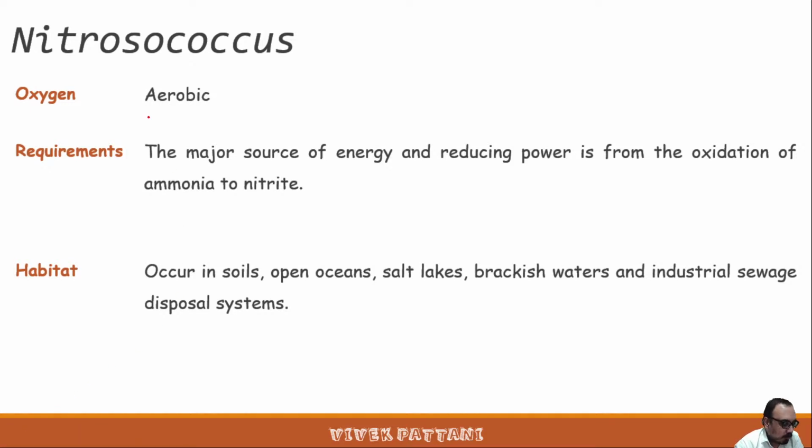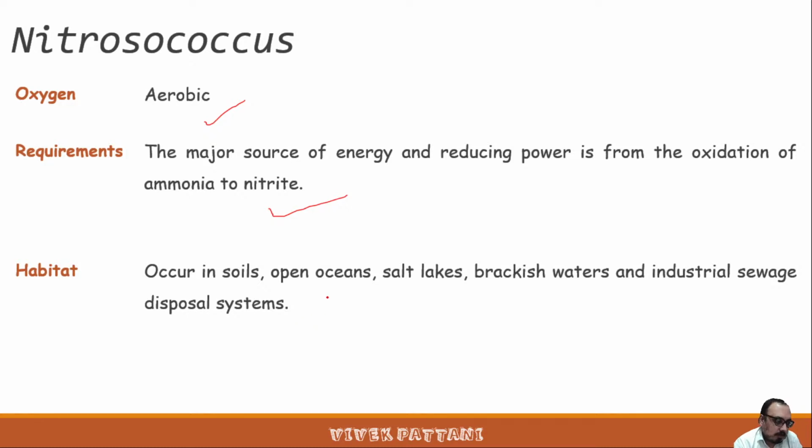Now, oxygen requirement: they are aerobic, and the major source of energy and reducing power is from the oxidation of ammonia to nitrite. The mechanism involves an electron transport chain, which is somewhat different in this case.